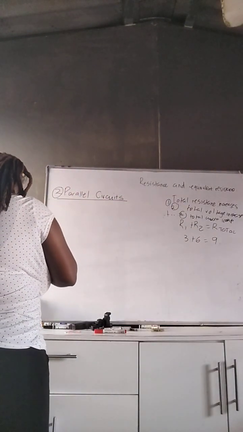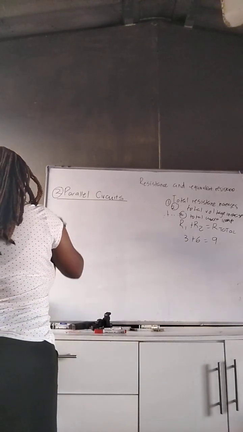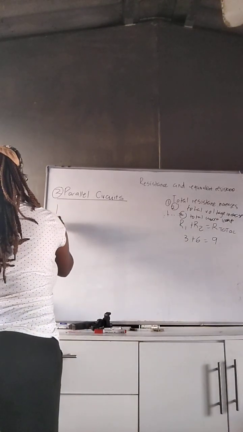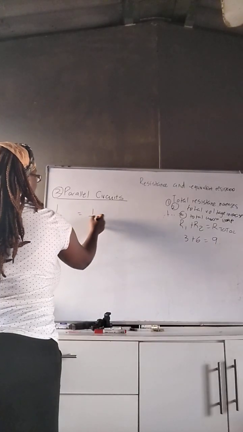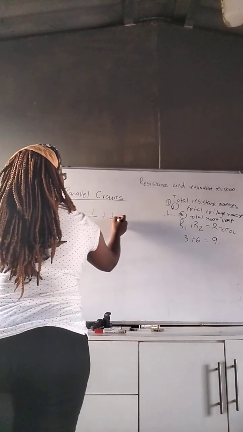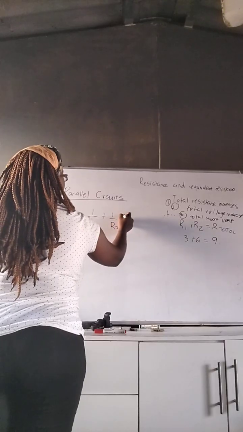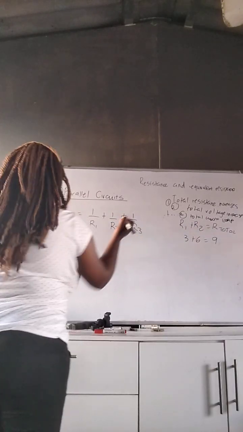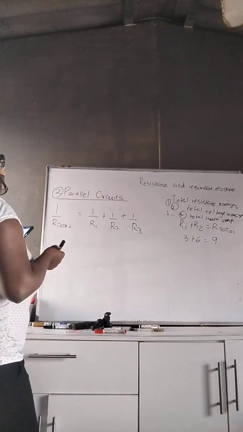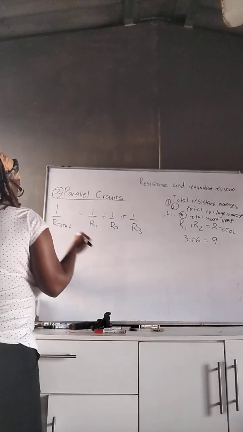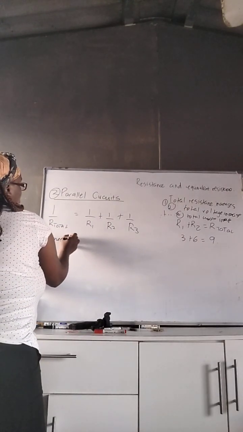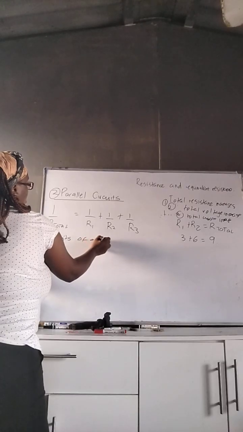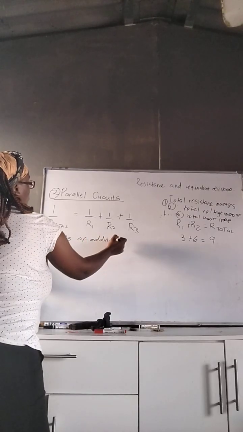For parallel circuits, 1 over R total is equal to 1 over R1 plus 1 over R2 plus 1 over R3, going forward. So the effects of adding resistors in parallel.